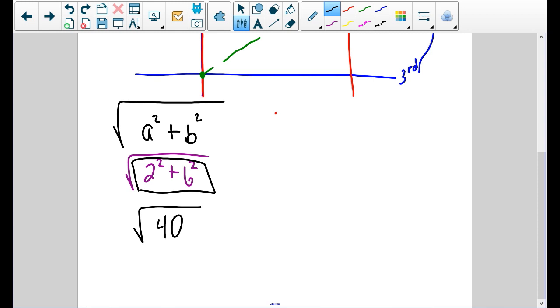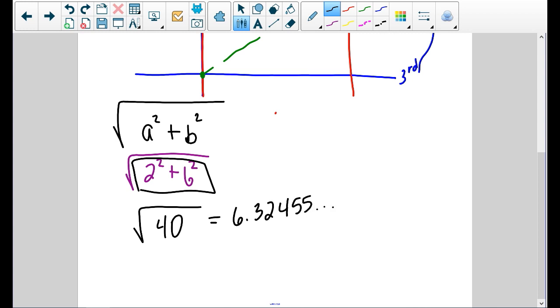Now, what is the square root of 40 then? 6.32. And again, if I keep going, it keeps on going.